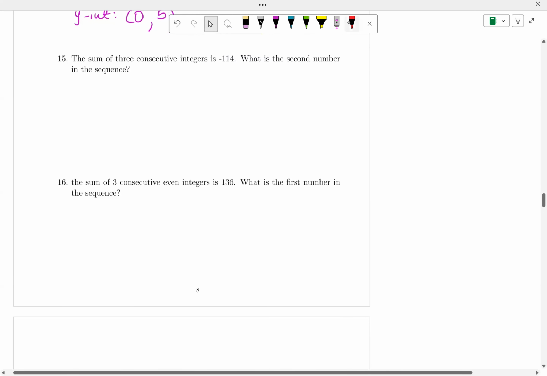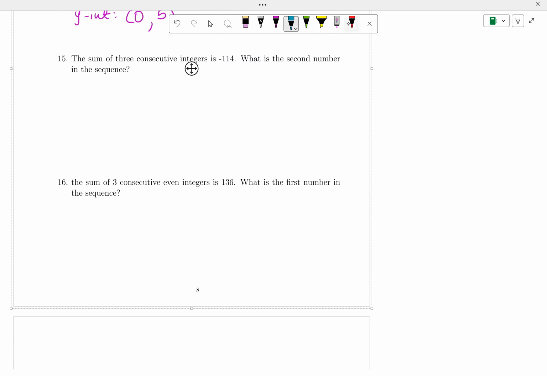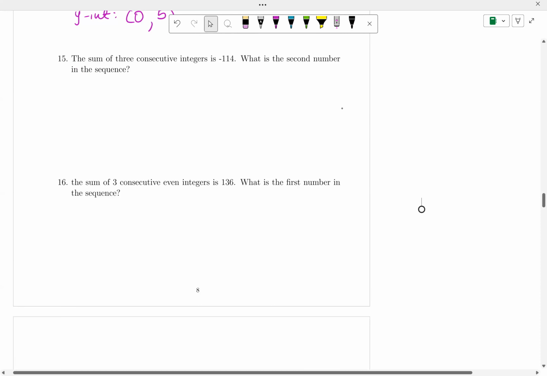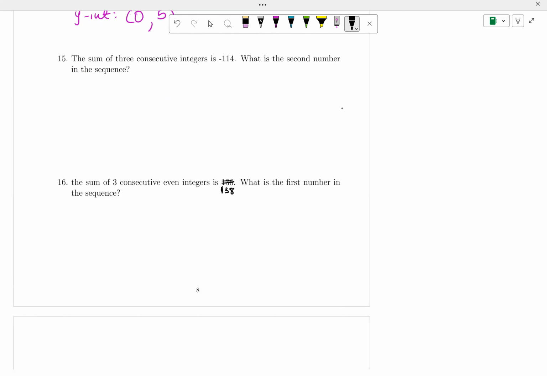The next question, go ahead and read it. It says the sum of 3 consecutive integers is -114. What is the second number in that sequence? Remember, when you hear these kinds of questions, you need to set up an equation.